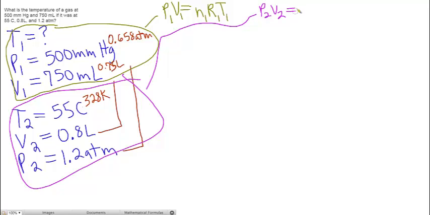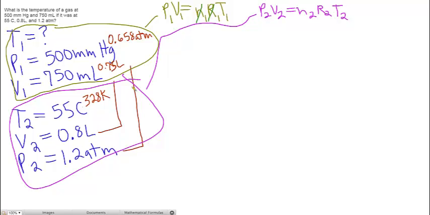P2V2 equals n2R2T2. Now we can cross off everything that doesn't appear. We have a pressure for this guy, we have a volume for this guy, and we have a temperature for this guy. We don't have moles, we don't have R.